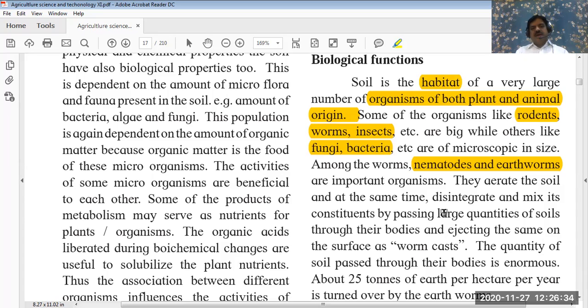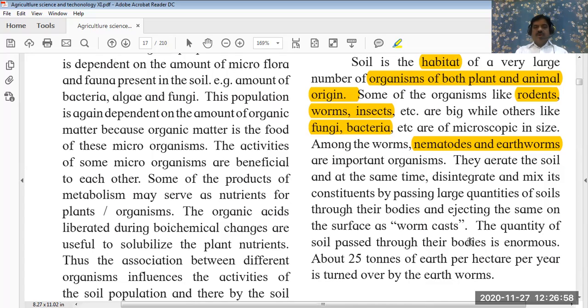Harmful organisms are such which cause damage to the plant, like rodents, different kinds of insects, and different disease-causing organisms, disease-causing fungi and disease-causing viruses. They are all harmful organisms. And helpful organisms are like earthworms, then frogs. Frogs don't remain forever in the soil, but they sometimes intrude in it.